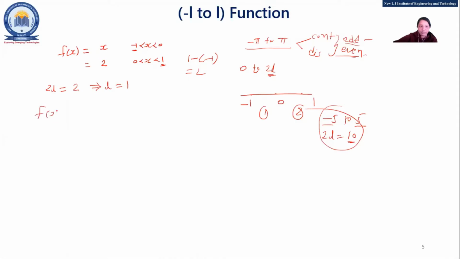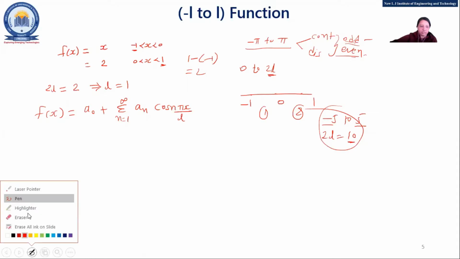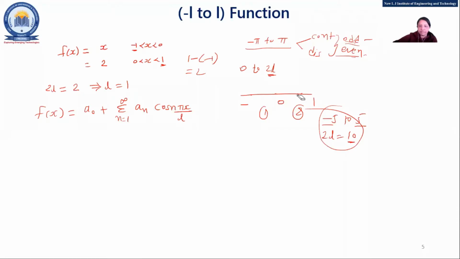So f of x equal to a0 plus, the same equation, right? Sigma n equal to 1 to infinity an, we are not applying the odd even concept right now, cos n pi x by L. Let me erase all this.